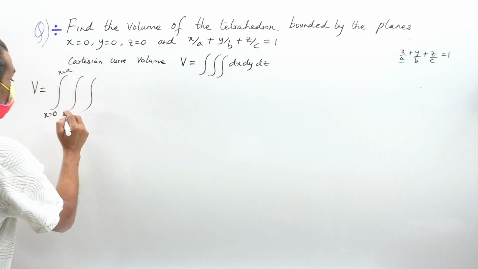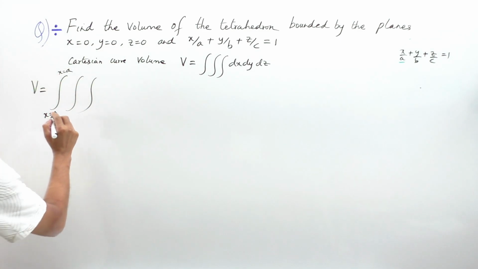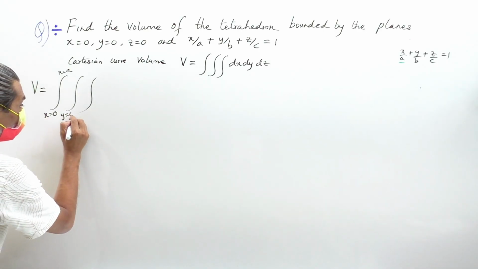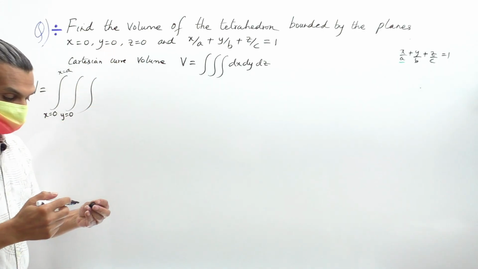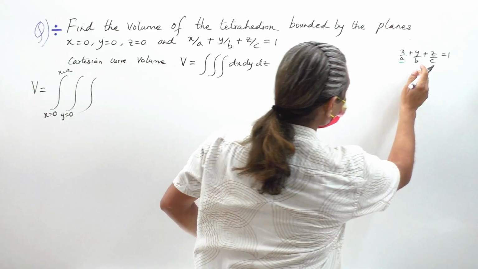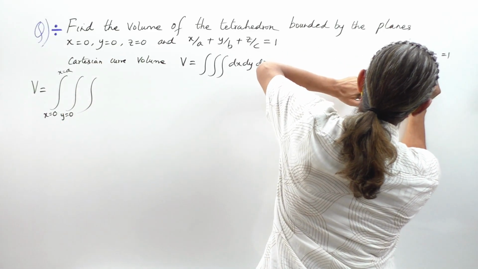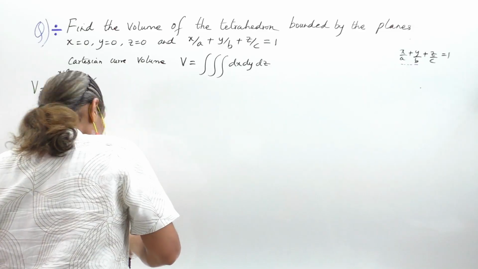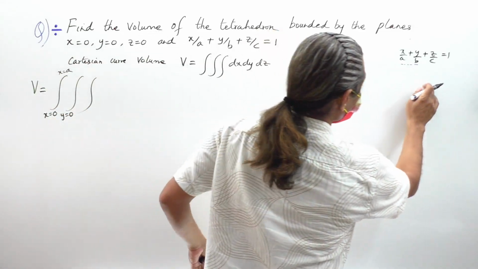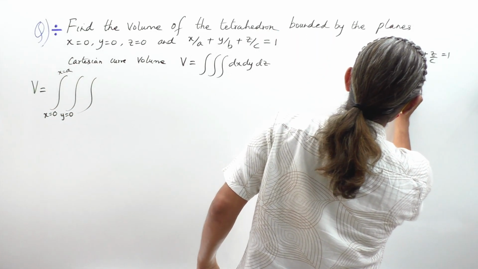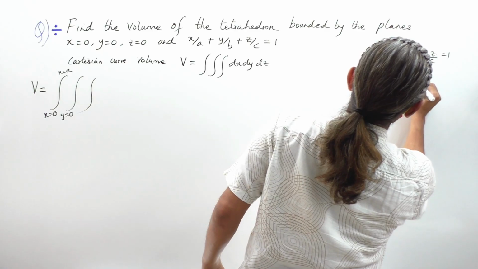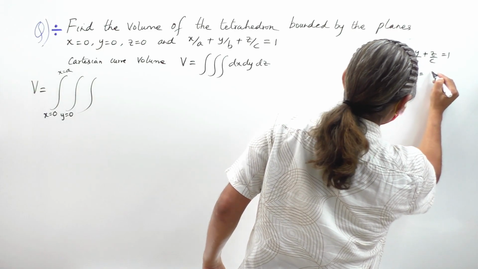Now inside is what? Constant. Then y is equal to 0 to, what's the 2D equation here? The 2D equation is only this part. This part is 2D. That is the simple intercept form. So we have this as, check carefully, x by a plus y by b plus z by c equals 1.